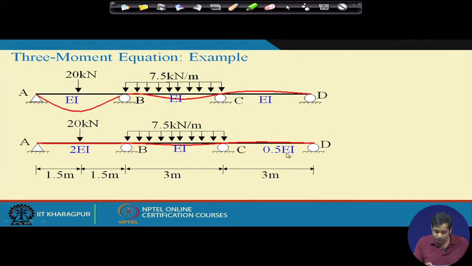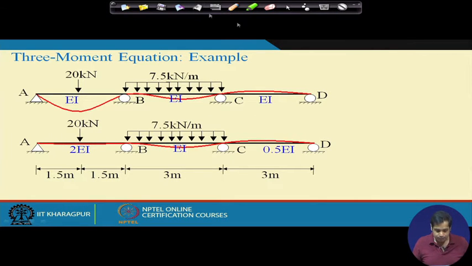On the other hand, the stiffness of member CD was reduced, and therefore we can expect more deformation in member CD, which is evident from this deformed profile, that this deformation is more and this deformation is less compared to this part.